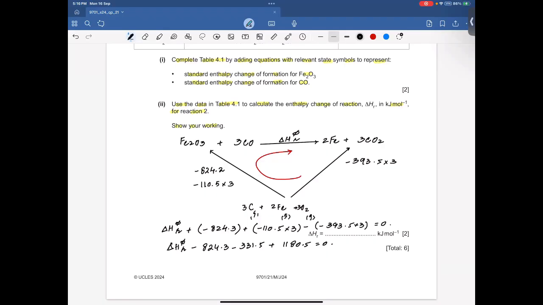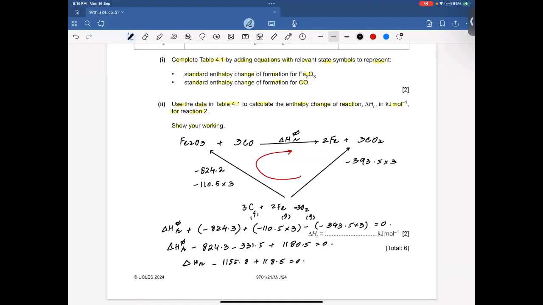Oh, my bad. Wait. 824.3 plus 331.5. So it's basically delta H R minus 1155.8 plus 1180.5 equals 0.